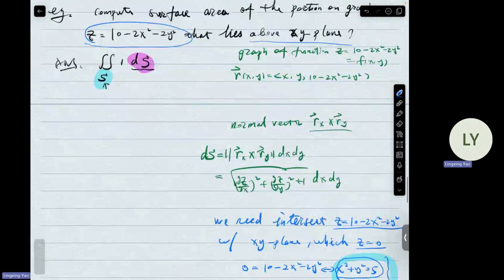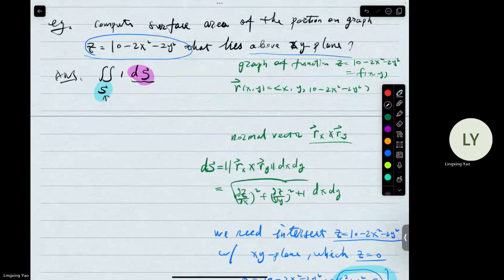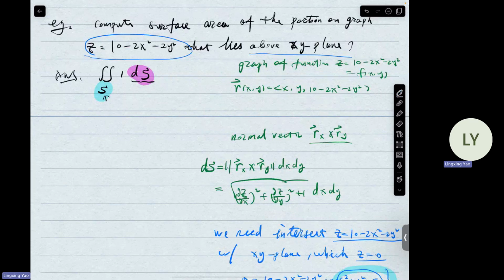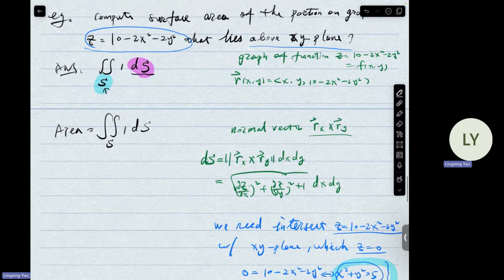Okay, so now with this part 1 and part 2 discussion, we can find the area from this surface integral for constant 1 like this. The integrand is now not 1 anymore, but the length of this normal vector.